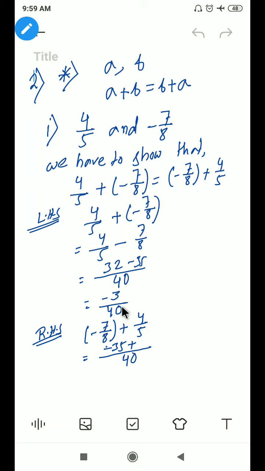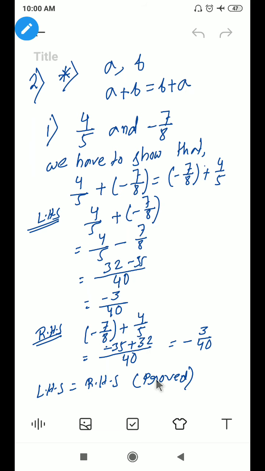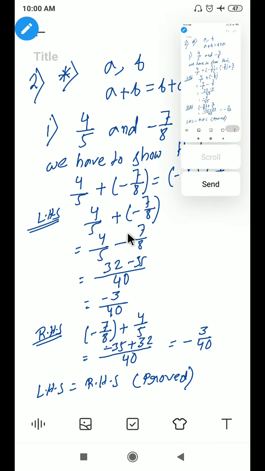That is 8. So 8 you have to multiply with 4. So it will be 32. So the answer will be minus 3 by 40. Look, both are equal, LHS and RHS. So you can write here LHS is equal to RHS. So the commutative property holds here. Clear? Now go to the next problem.